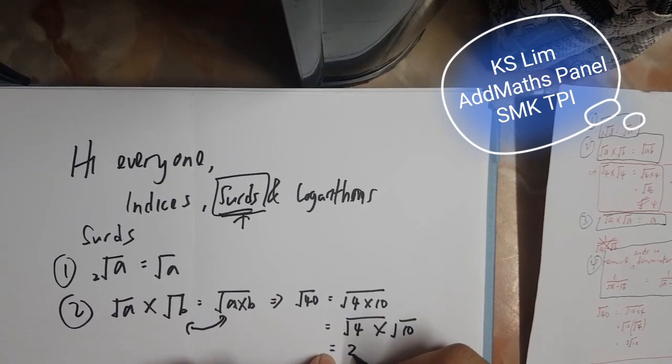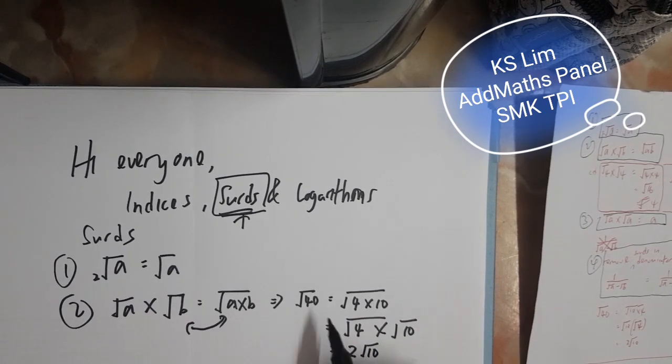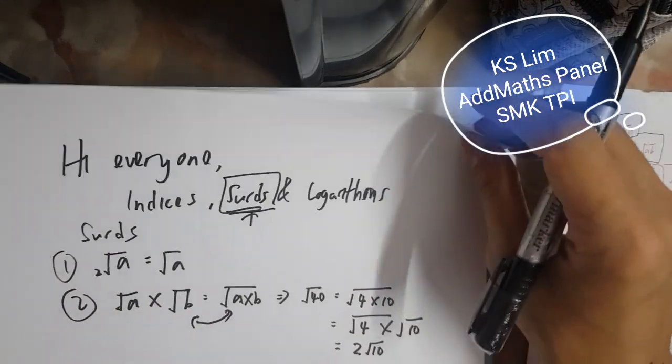Square root 4 you get 2, is it? Then this one is square root 10. So I can write 2 square root 10. So it means that square root 40, I can use this concept and I form like this. Because later on you have to use this concept to solve certain questions. Is that okay? So simply write down as your note.